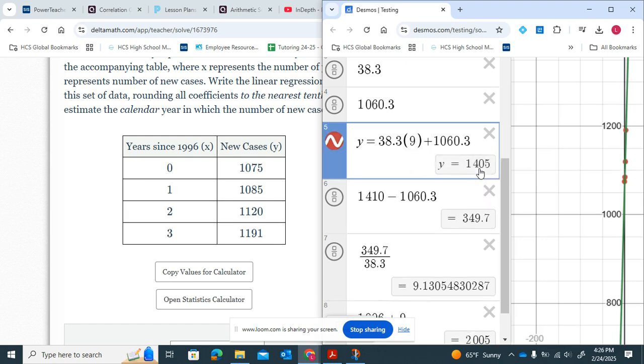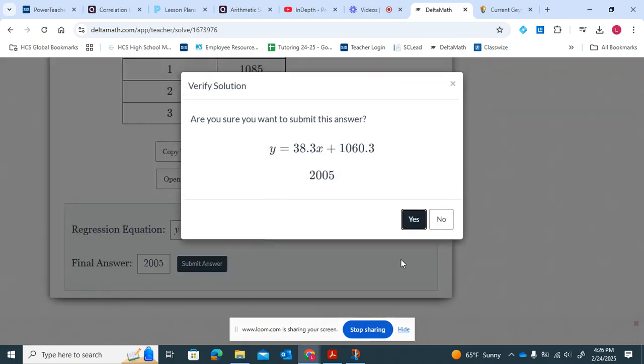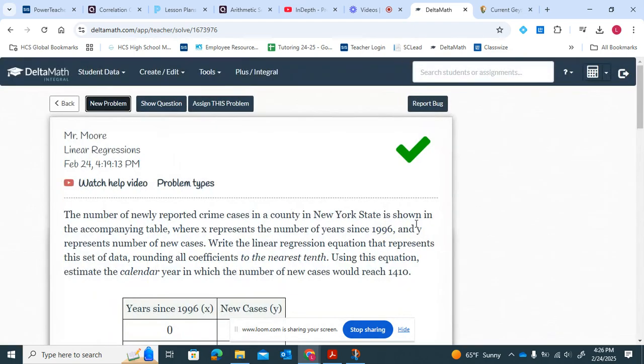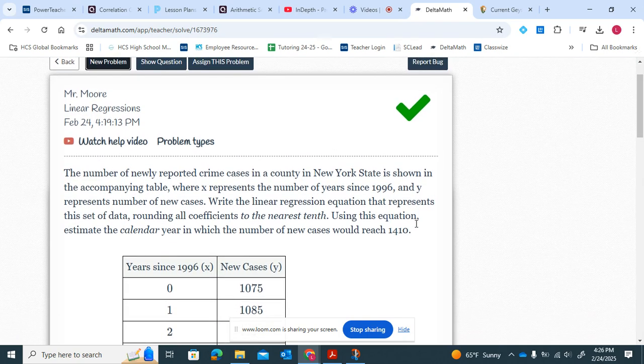Let's see. Because 2005 would be 1,405. It might want us to put 2006. Okay, so that question was a little weird. But it thought we were correct there at 2005. But that question is a little different because you had to solve for X when you were given Y.